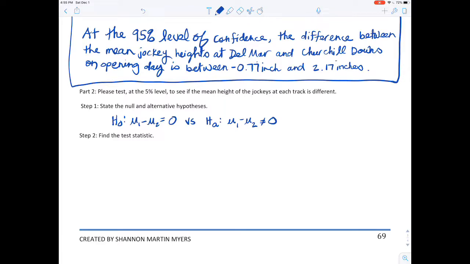Find the test stat. Well, remember we do t is equal to x bar 1 minus x bar 2 minus 0 if you need to, and then divided by the square root of s1 squared over n1 plus s2 squared over n2.